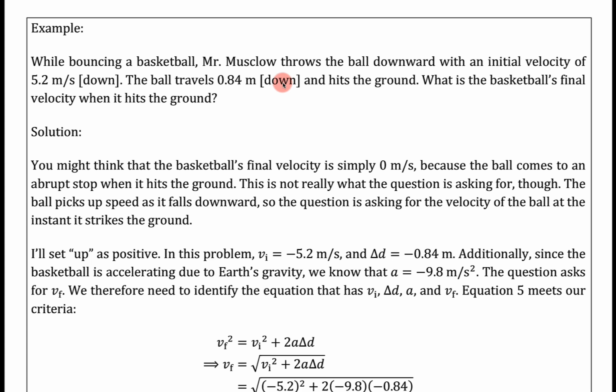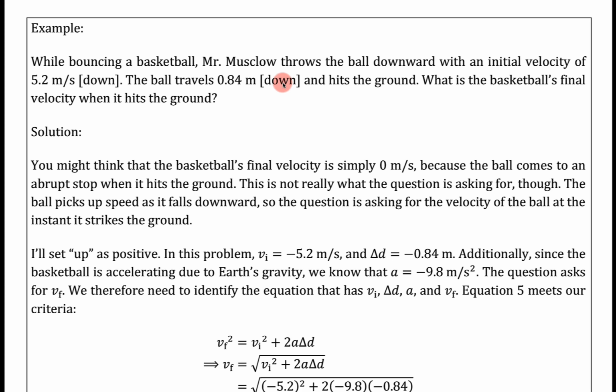Now, when this question asks for the basketball's final velocity when it hits the ground, it's actually common for students to think that the answer is just 0 meters per second because the ball comes to an abrupt stop when it hits the ground. Students often give this as an answer when they first start doing these sorts of problems.